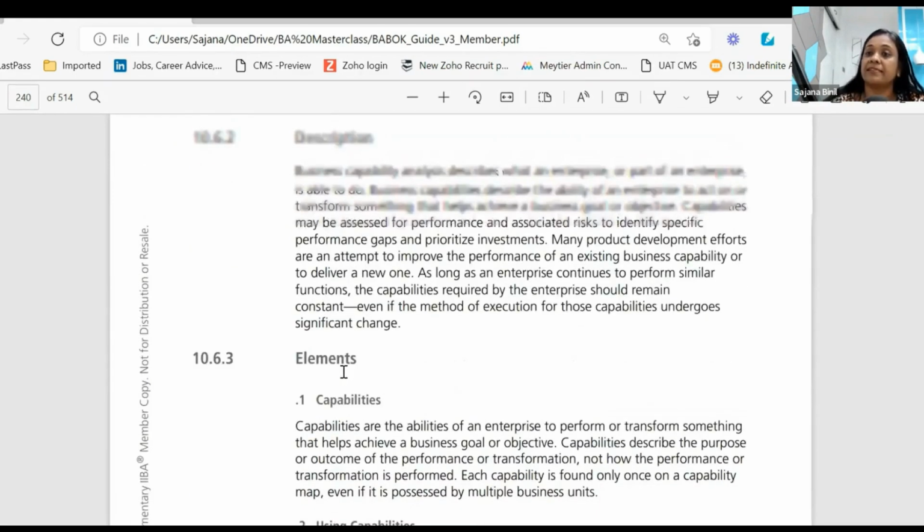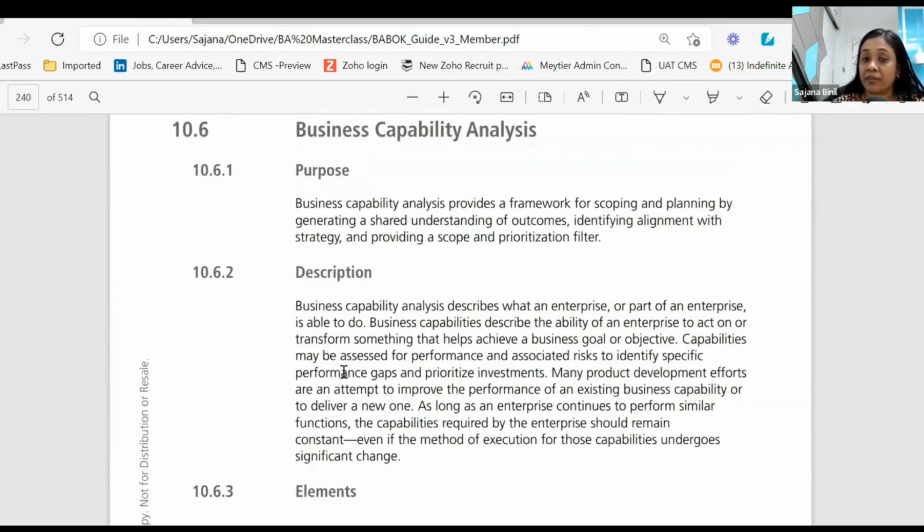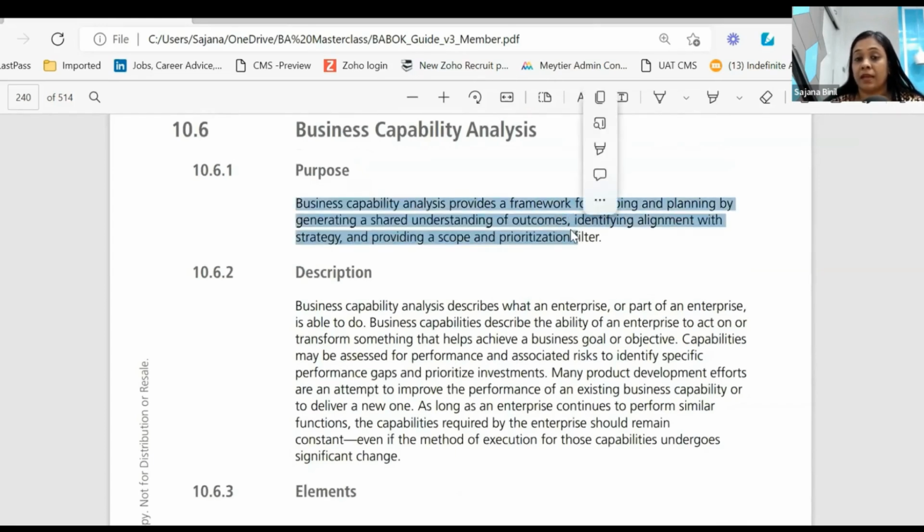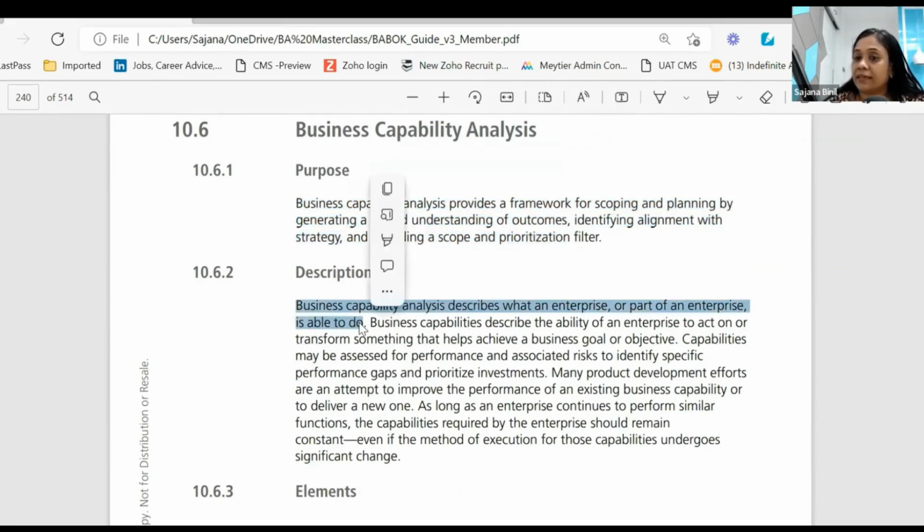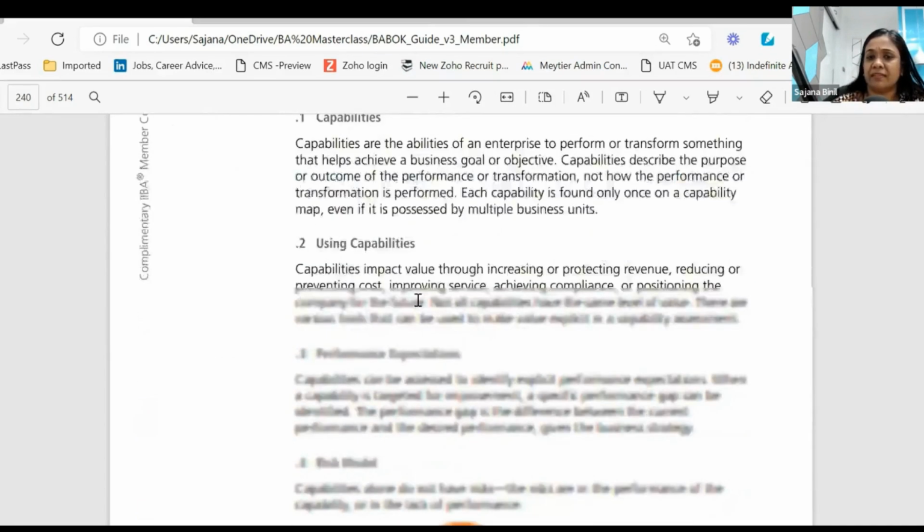Business capability analysis, again, an advanced level business analysis technique. What we need to learn in these techniques from the exam per se, understand the purpose and what this technique is capable of doing. Like I said, it describes what an enterprise is able to do. Don't get into the elements and things like that, okay, for this.